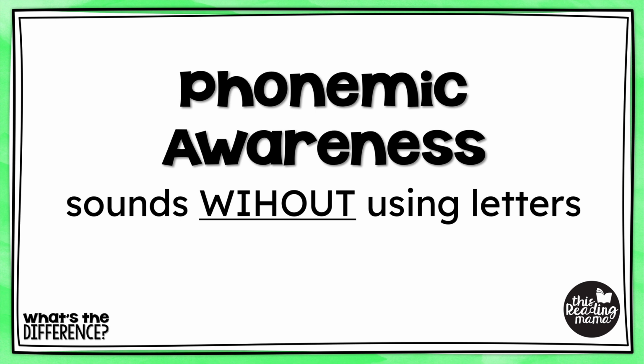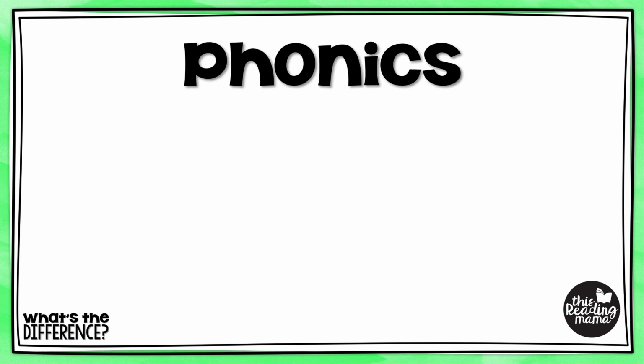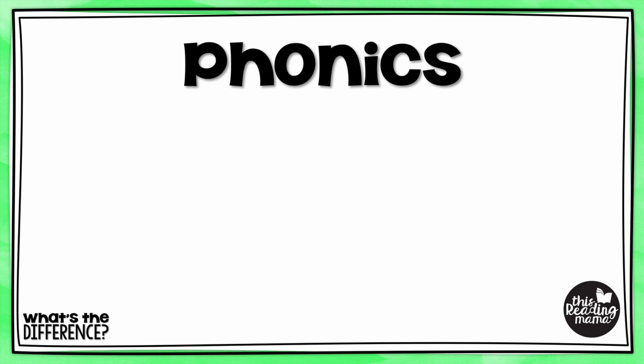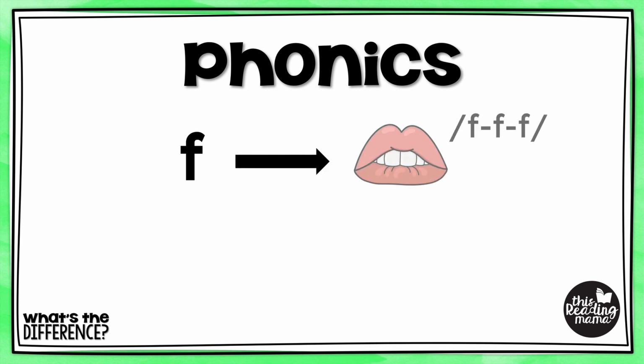And while I don't disagree with this definition, I really do think we can do more to support our learners, and we'll talk about that in just a minute. Now, phonics, on the other hand, is the ability to connect the letters, which are the graphemes, and the letter sounds. So it goes two ways. This is the way I see it. When learners see the letter F, a child with an understanding of phonics would know that an F makes the sound /f/.